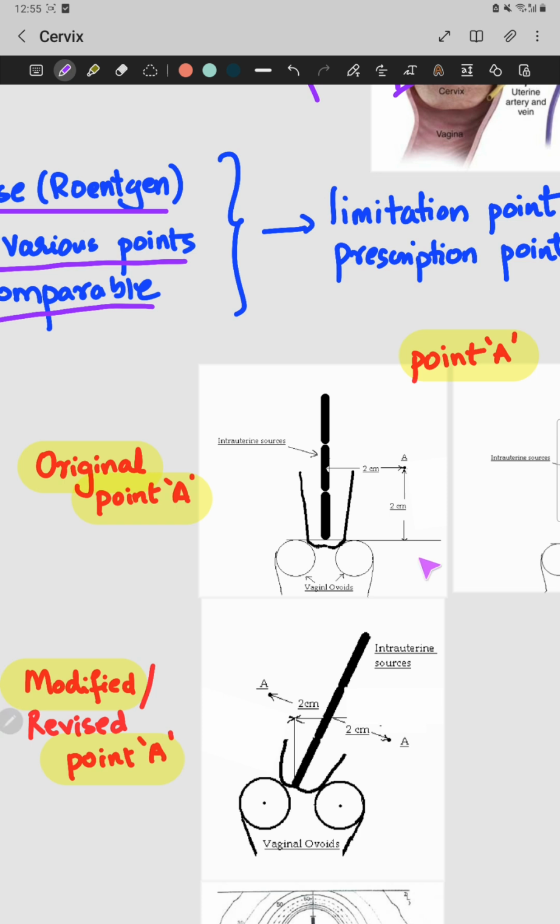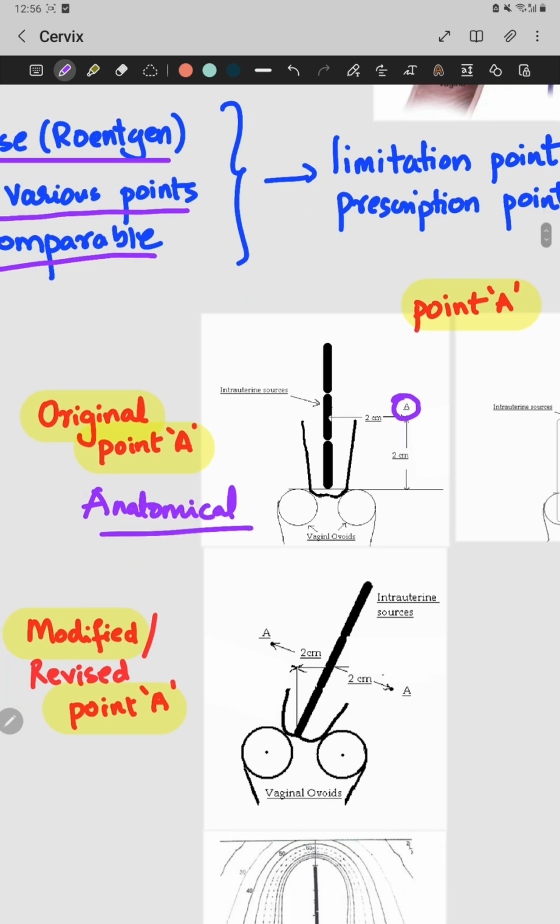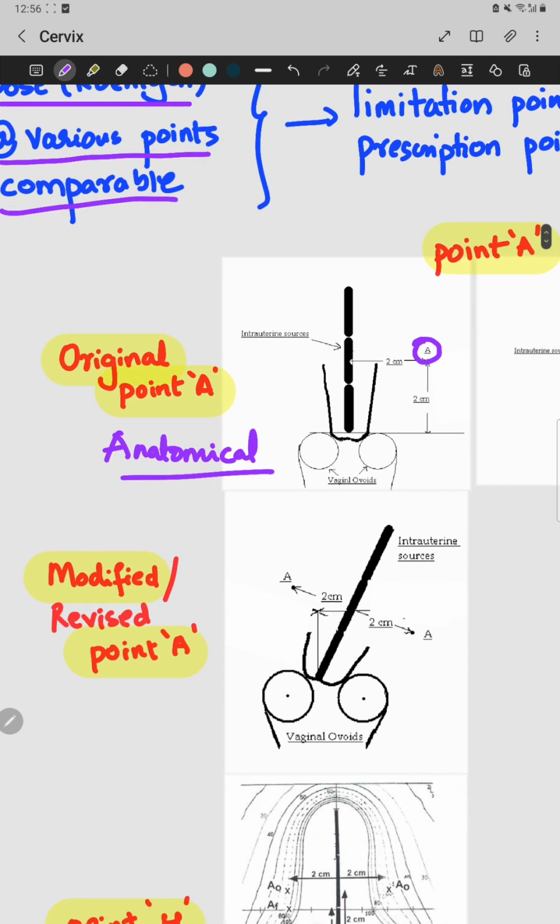So what is point A? According to the original Manchester system, it used to be the mucous membrane of the lateral fornix, at that level in the central axis of the tandem, 2 centimeters above that and 2 centimeters laterally used to be our point A. So that was the original definition of point A, but this was anatomical. Anatomical is what is required, but when they used to do radiological things, they could not see it in the radiographs.